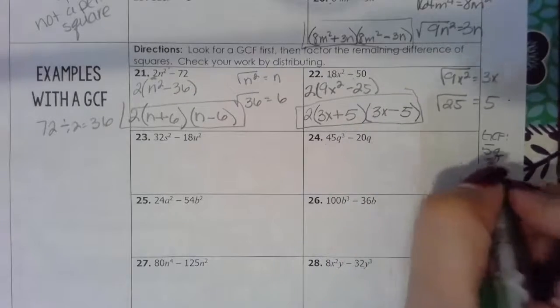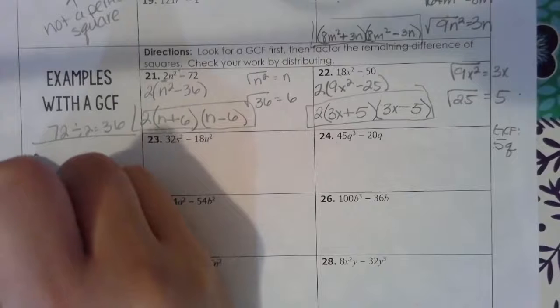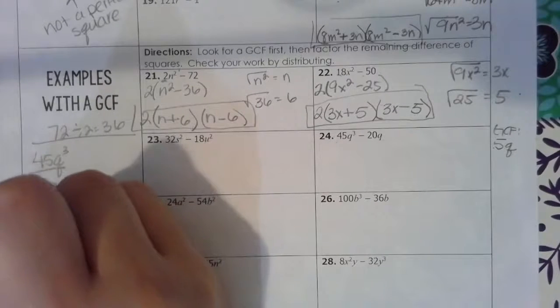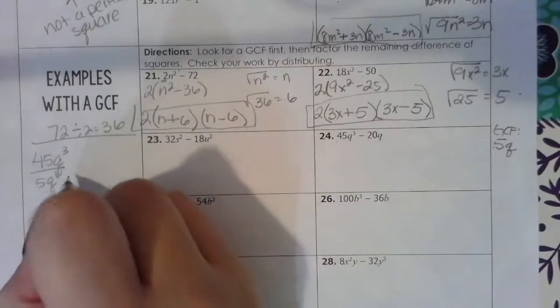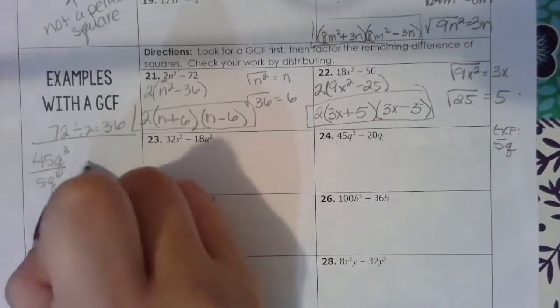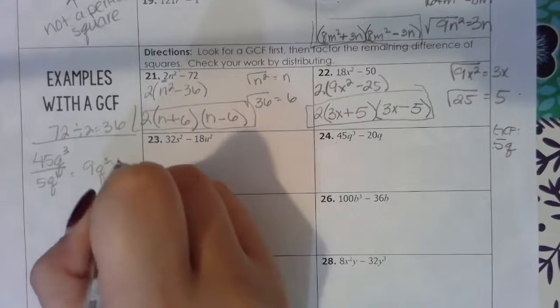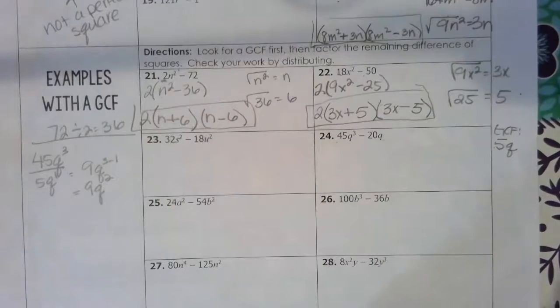So if you don't remember how to take a common factor out of this, remember you take that first term, 45q to the third, and divide it by your greatest common factor. Well, 45 divided by 5 is 9, and q to the 3 minus 1 is q squared, so 9q squared.